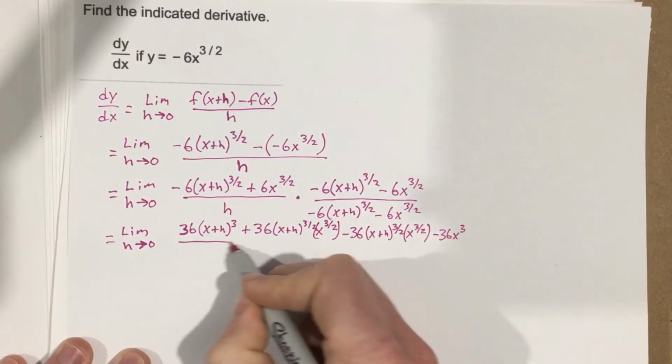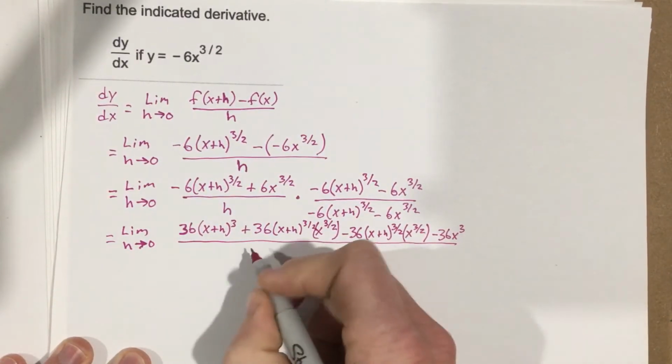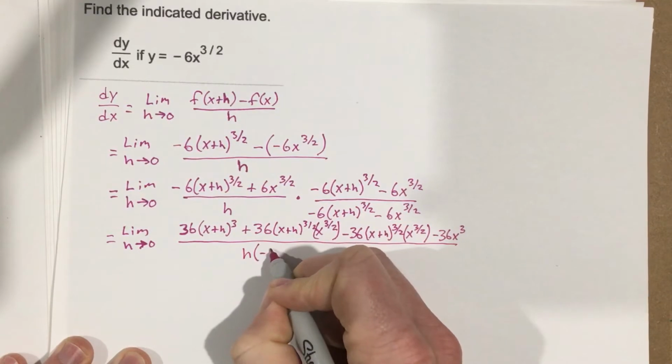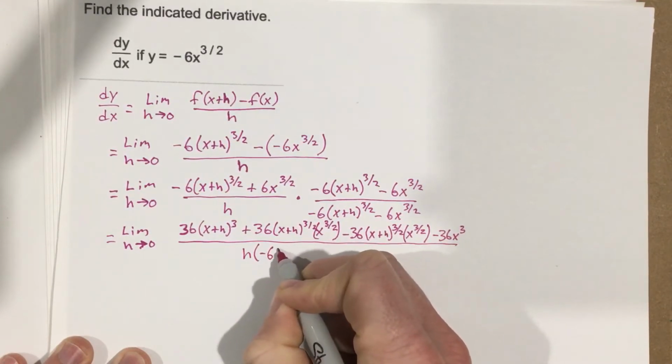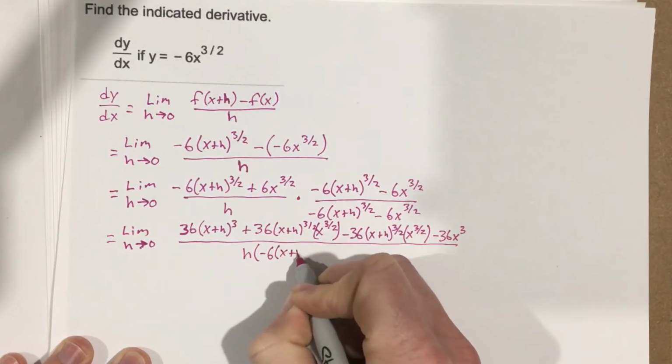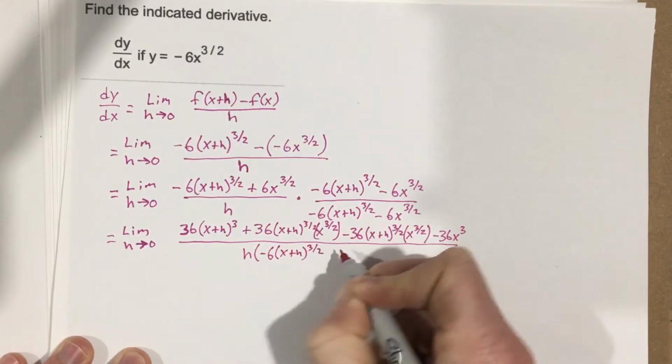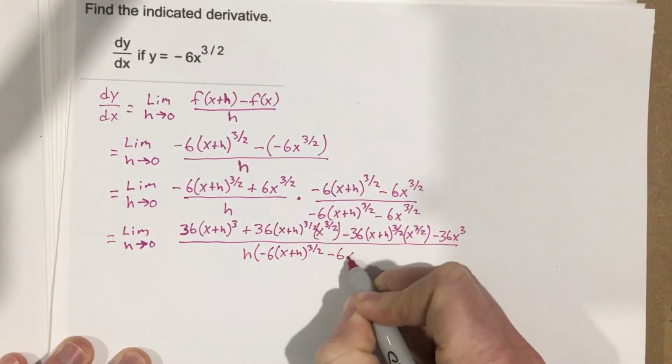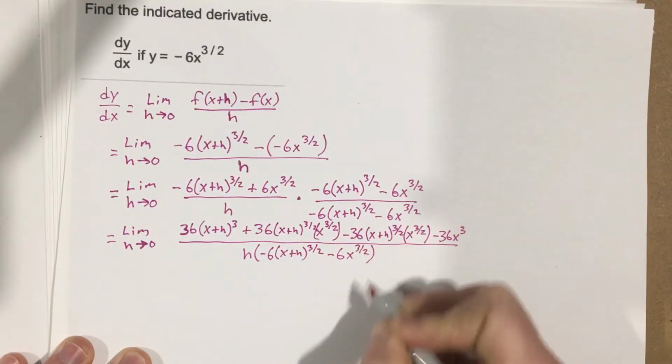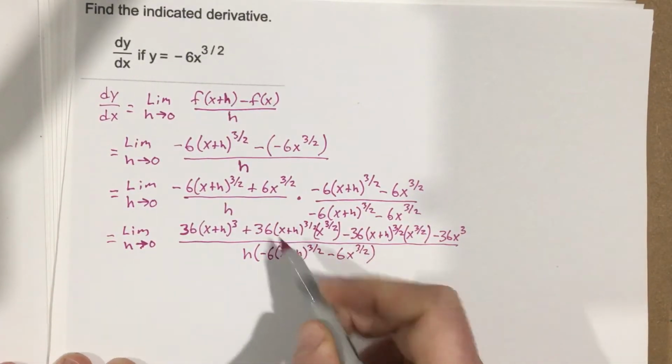That's all over h, negative 6 x plus h to the 3 halves, minus 6 x to the 3 halves. Now you can see the middles are going to cancel here.